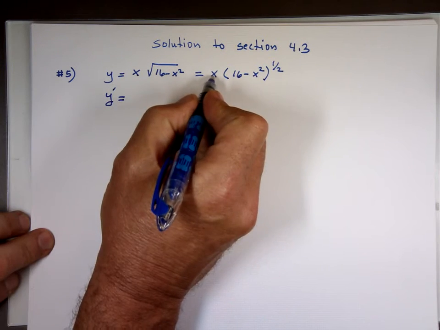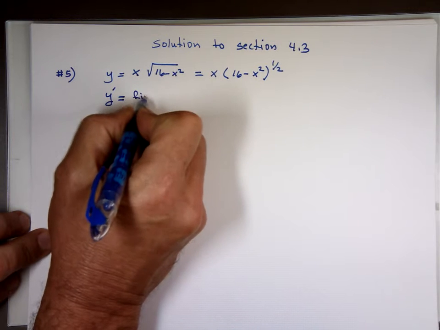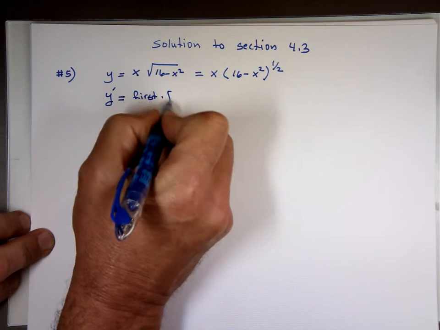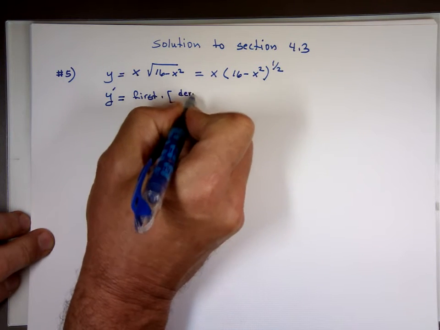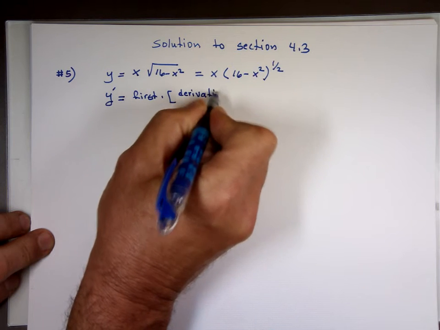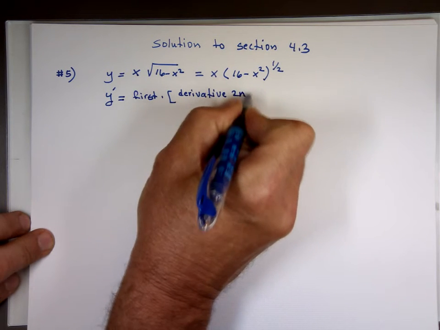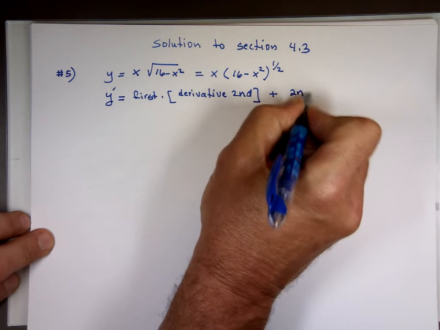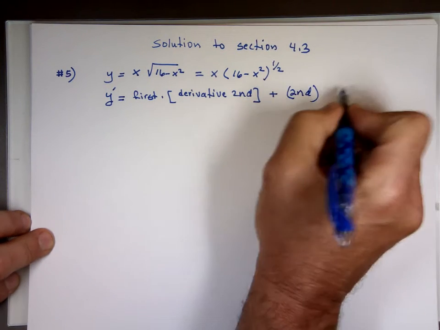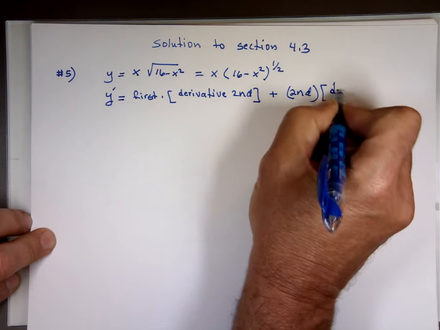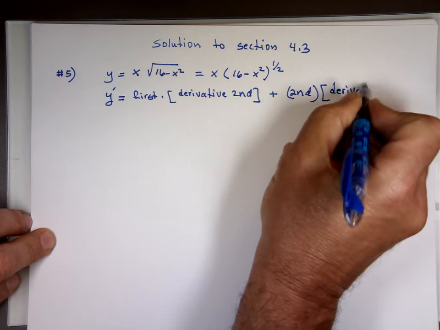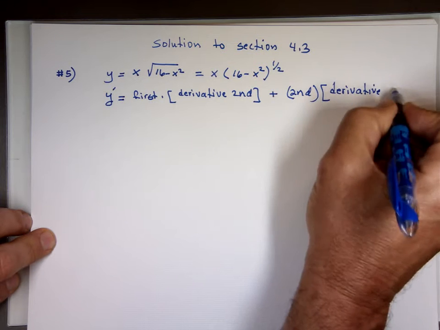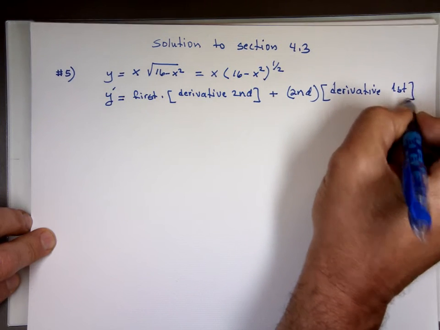If you remember, it's the first times the derivative of the second plus the second times the derivative of the first.